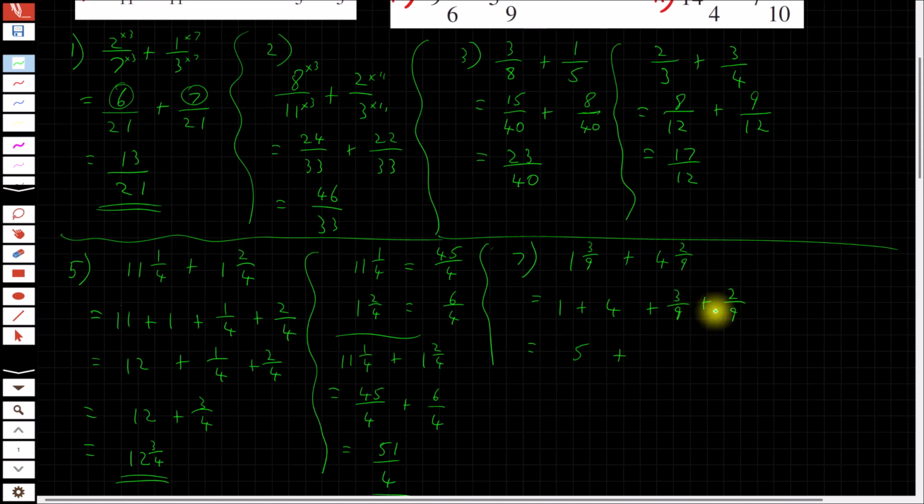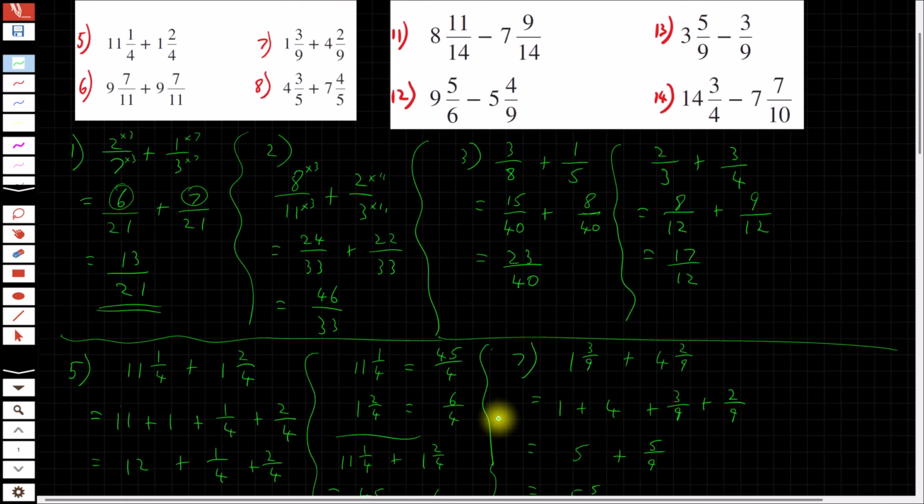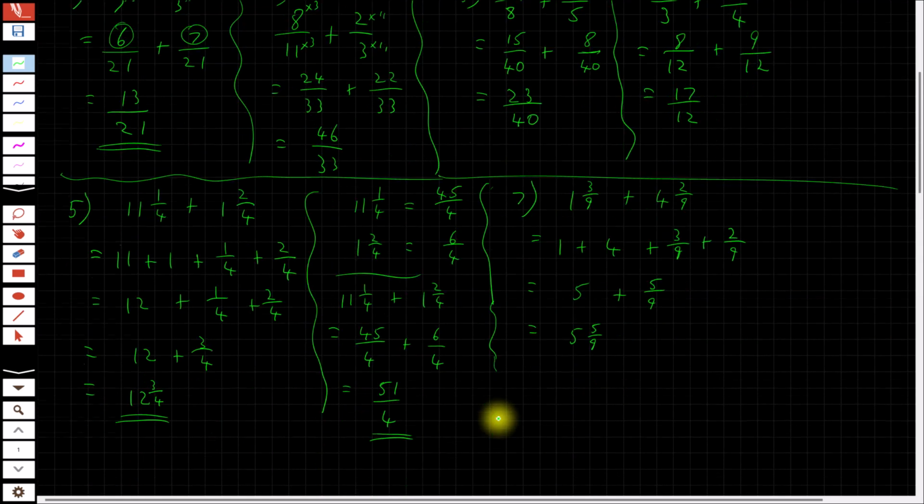So the same denominators, we can simply add the numerators. 3 plus 2 is 5. So in mixed number format, we have 5 and 5/9. Going to number 8, 4 3/5.